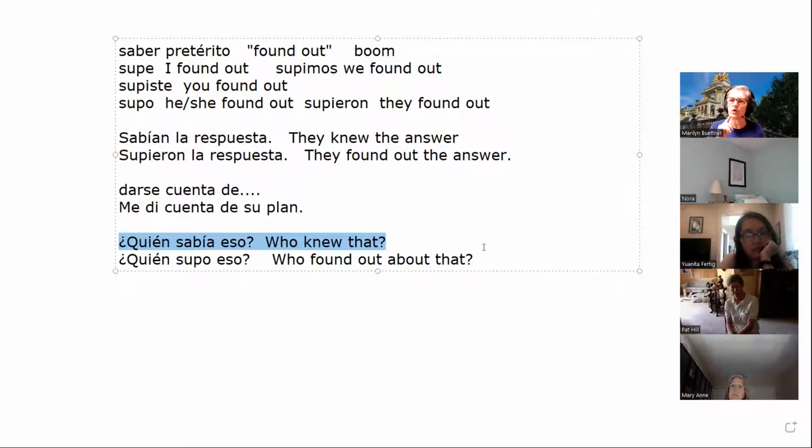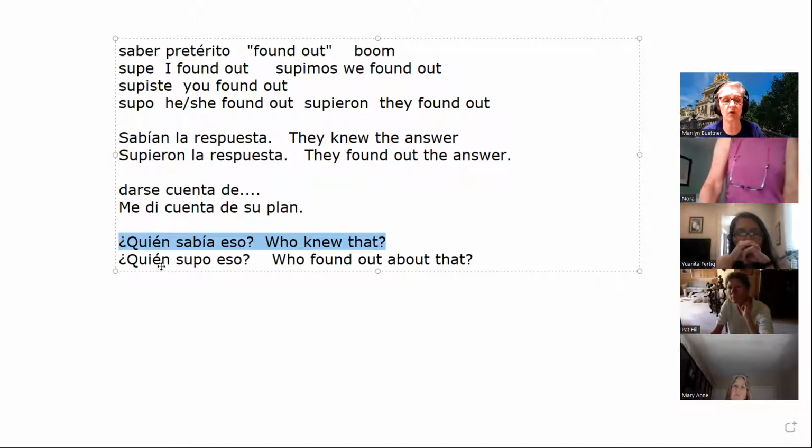But, supe esas palabras. Wow, I found out about those words. I just discovered that. It's very different conceptually. But I think the thing that's helpful for you to know is that conversationally, when you're just chit-chatting with somebody, most of the time we're just saying somebody knew, not that they found out.